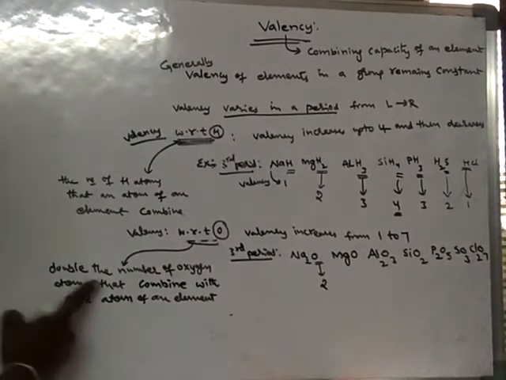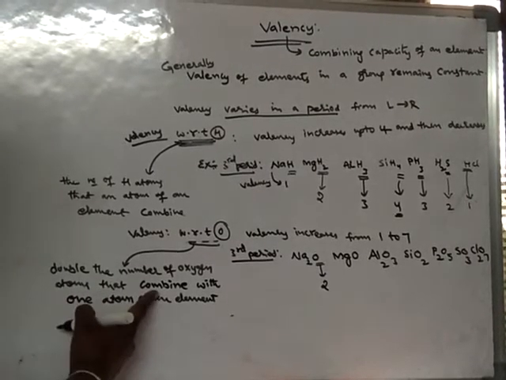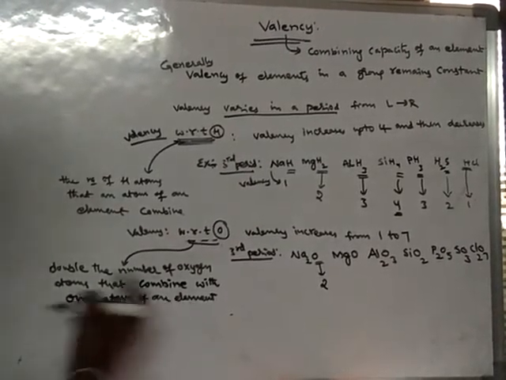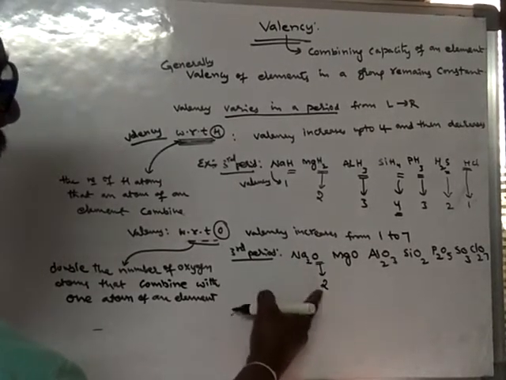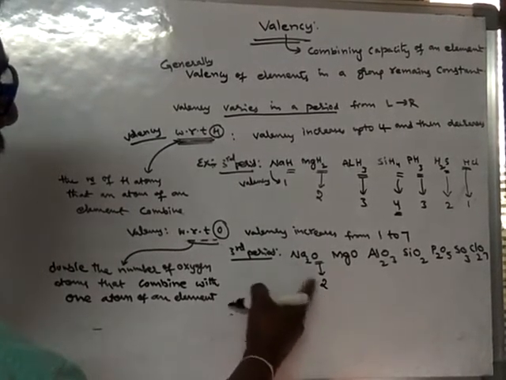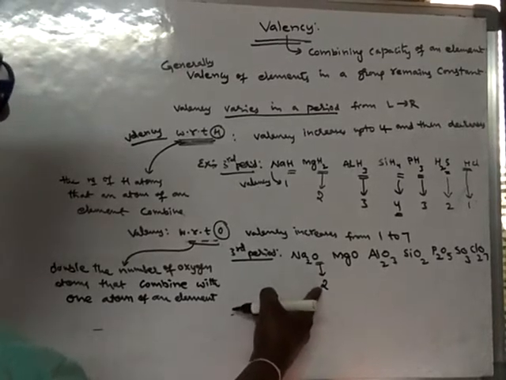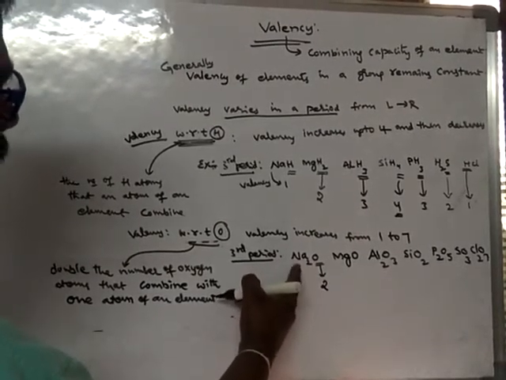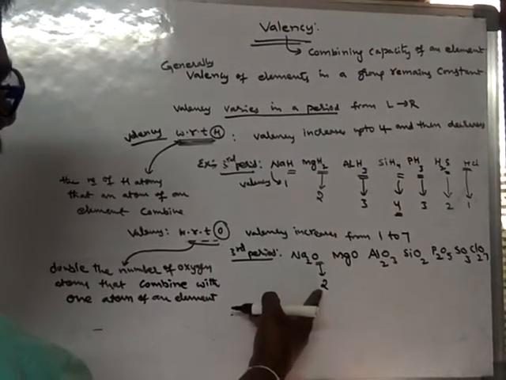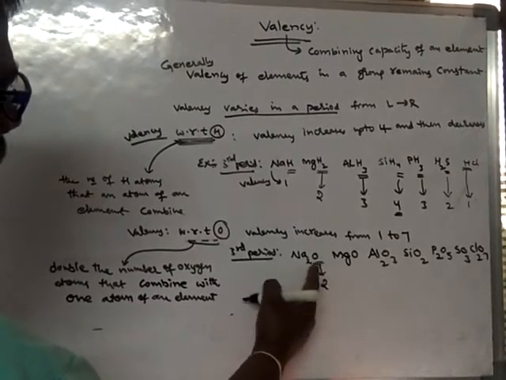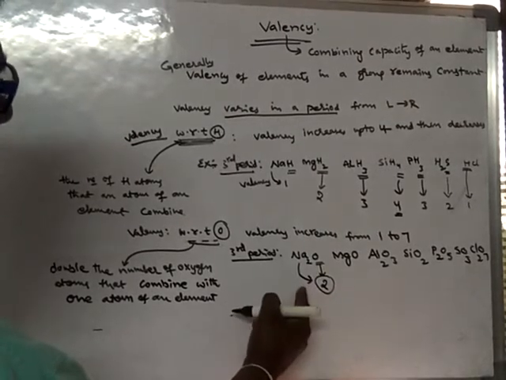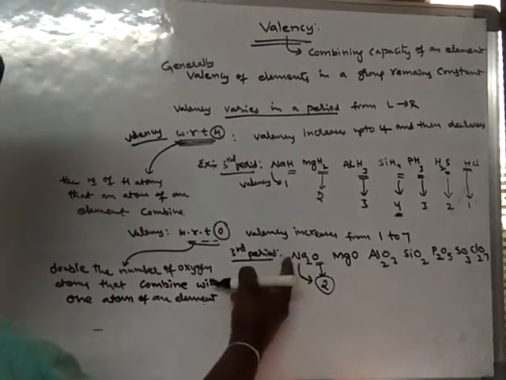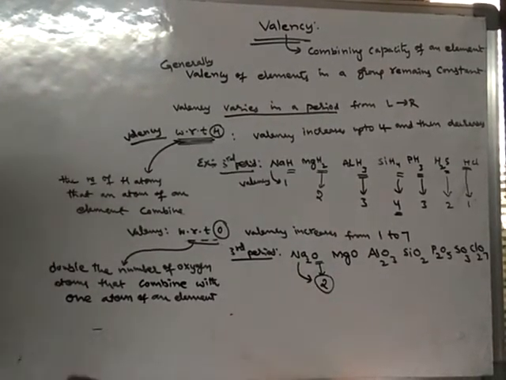And double the number of oxygen atoms that combine with one atom of an element. So here, 2 atoms of sodium are combining with this doubled number, that means 2 sodium atoms will have the valency of 2.